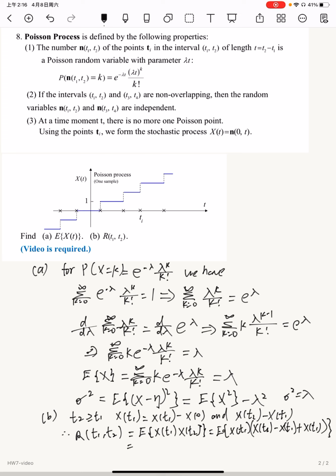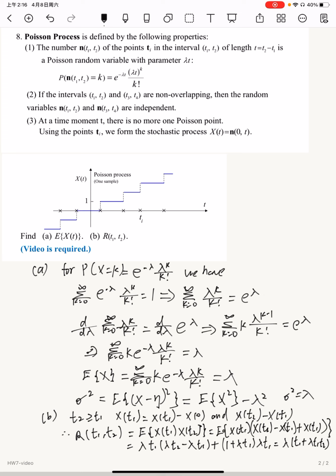And finally, it equals lambda t1 times (lambda t2 minus lambda t1) plus lambda t1, which equals lambda t1 plus lambda squared t1 t2.